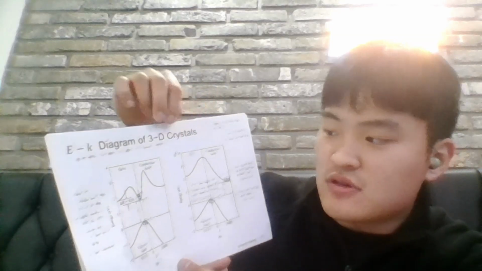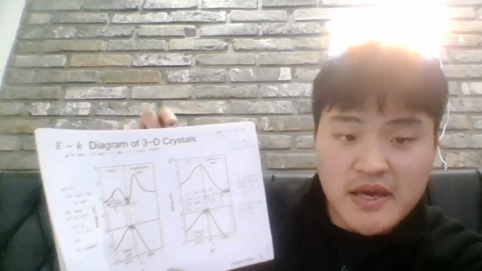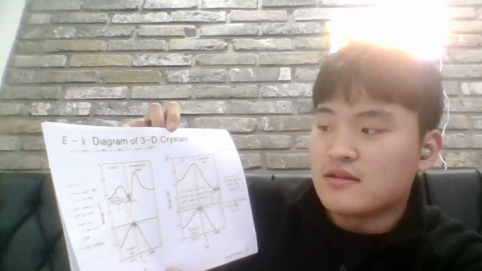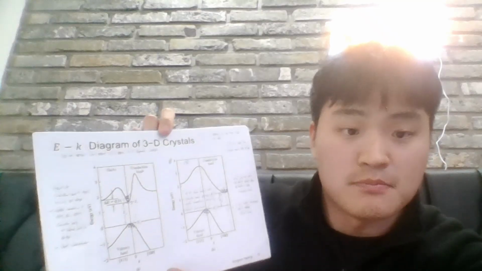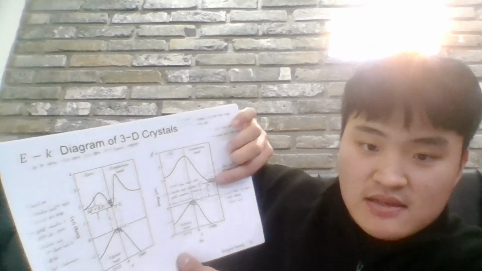So the electrons can move from the conduction band to the valence band without losing crystal momentum. But in silicon, as you can see, the conduction band and the valence band are located at different positions.